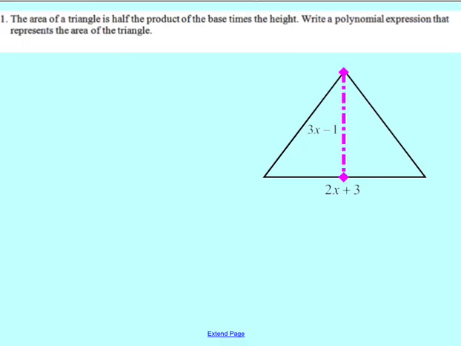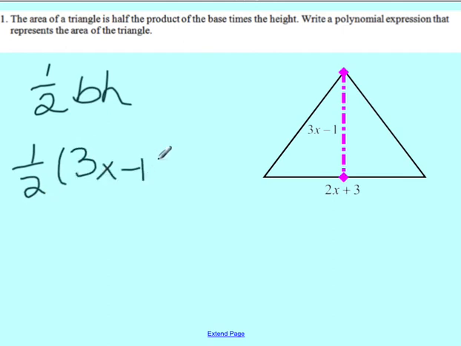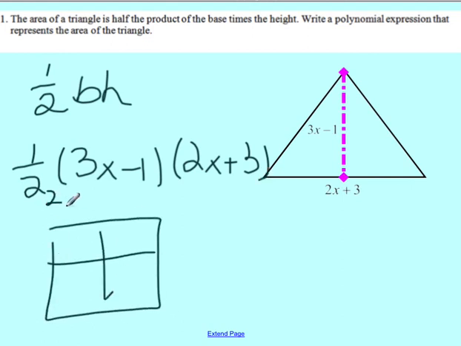The area of a triangle is 1/2 the base times the height. So to get the area of this triangle, we're going to take 1/2 times the base times the height. So to start off with, we need to multiply 3x minus 1 times 2x plus 3. So 2 times 3 is 6.